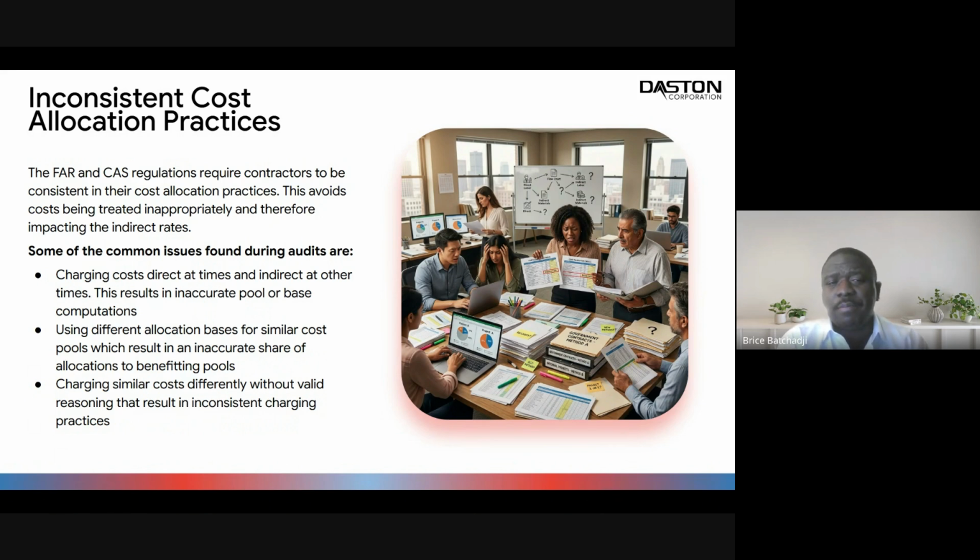So for example, if an auditor was to come in and request your statement of indirect costs, and in a particular month they see that the costs going into the statement are very different from what they might see in January, say in March or April, although the costs are similar in nature, they would then start questioning your charging practices.